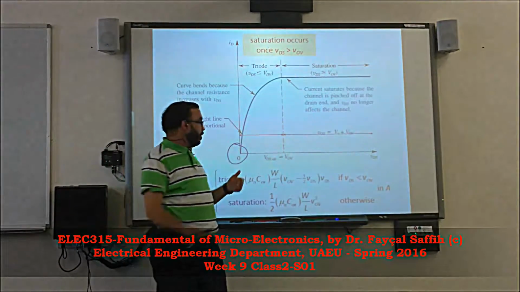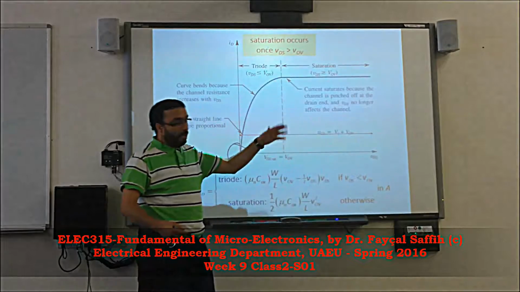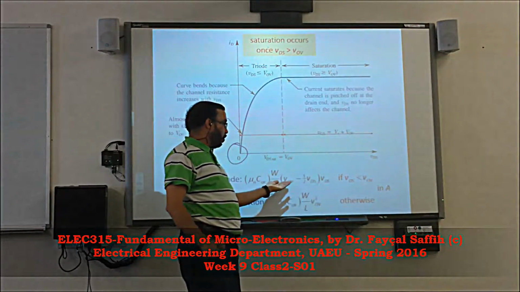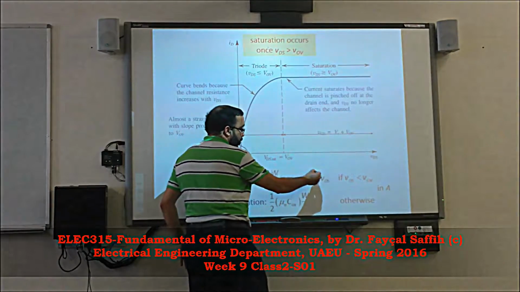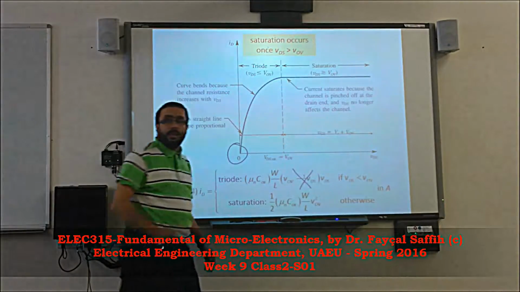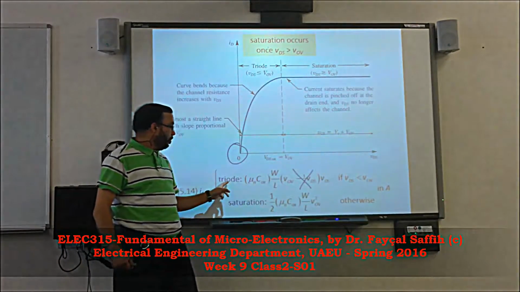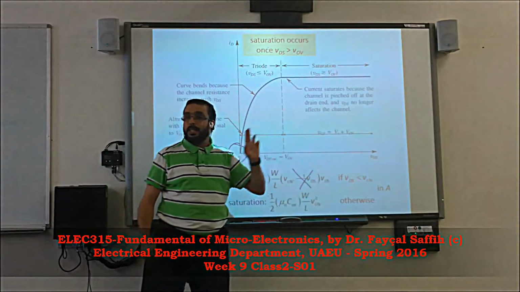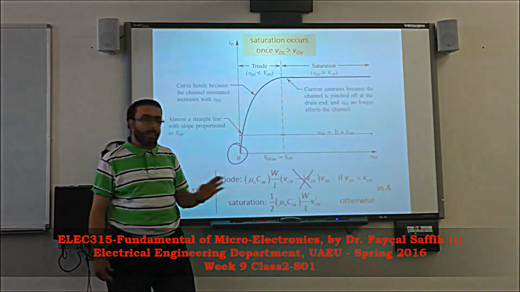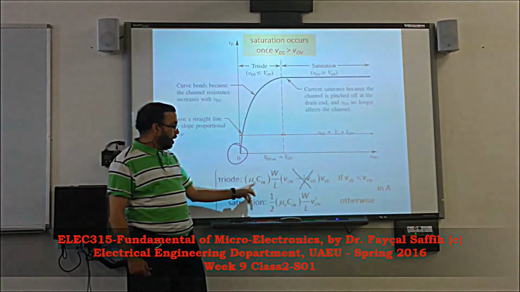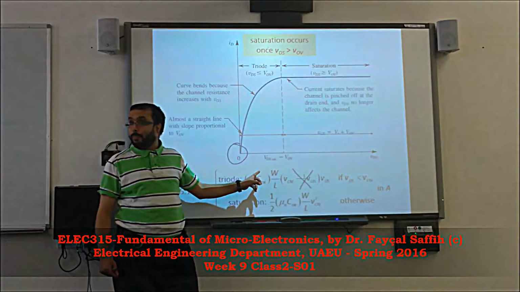So VDS compared to the overdrive is extremely small, so I can ignore this. As soon as you do that, you find the linear relationship between ID and VDS, the same one that we studied before, which is mu NCox, which is Kn.